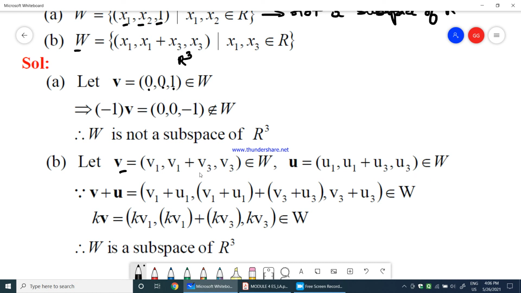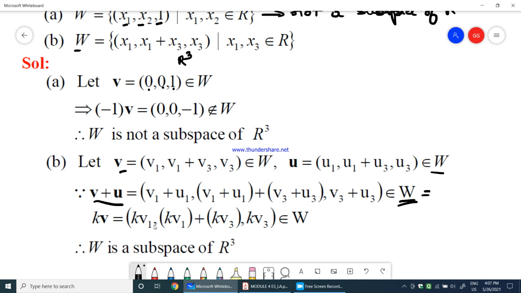Now if both belong to W, then V plus U should also belong to W. When I add V and U, v1 will be added with u1, v1 plus v3 will be added with u1 plus u3, and v3 will be added with u3. Definitely, the result of this will belong to the subspace W. Now if I multiply a scalar K with this V, what will I get?